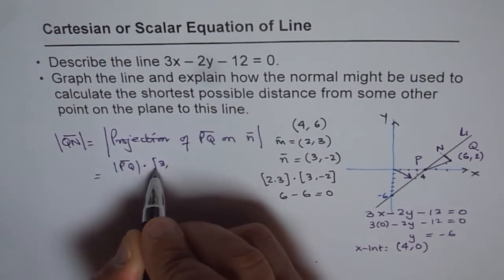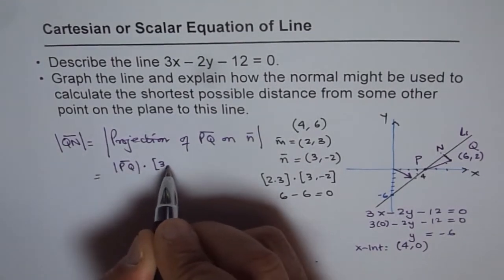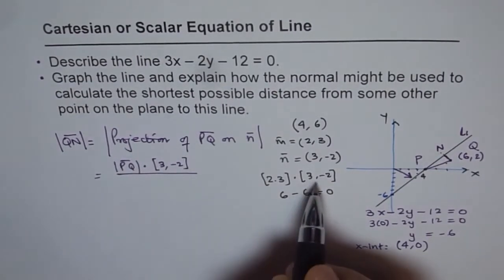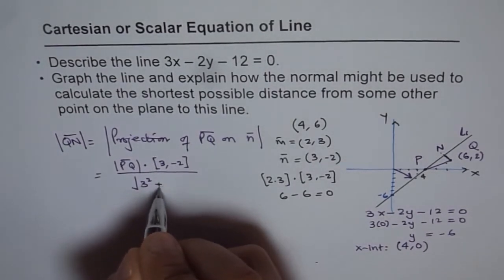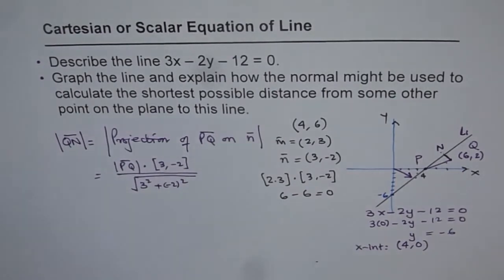Let me write like this now, (3, -2). I should have written it like that, PQ. We'll find it now, okay? (3, -2) over the magnitude of the direction vector, which is the square root of 3 square plus (-2) square. That gives us the shortest distance.